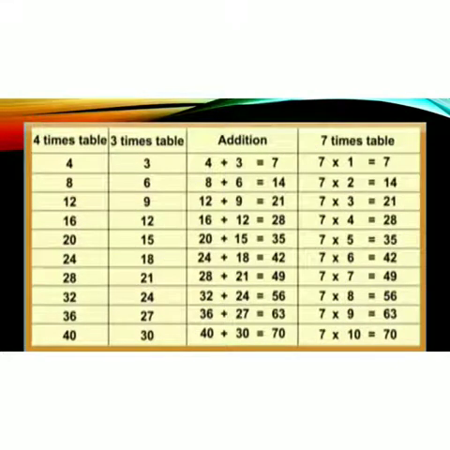Now the 7 times table. Here children we are taking the 4 times table and the 3 times table, and we can add these two tables and we will get the 7 times table easily. Isn't it very special? Yes.